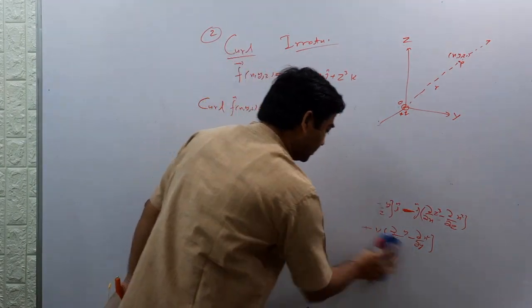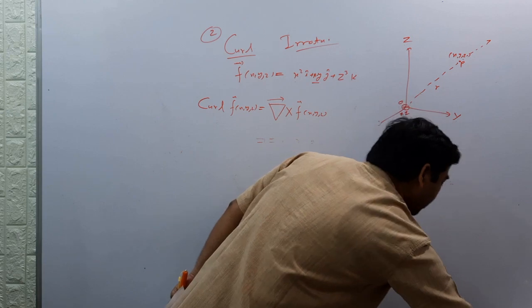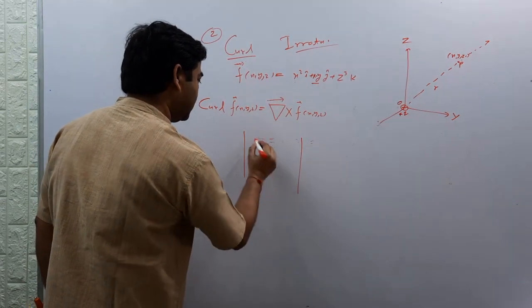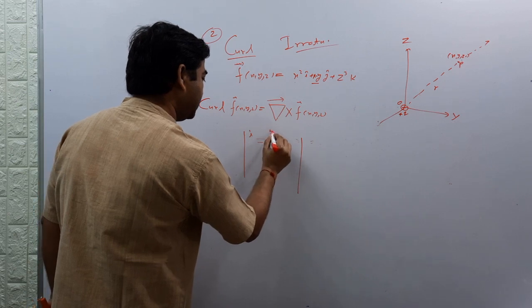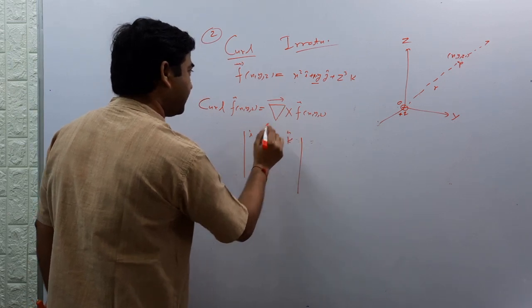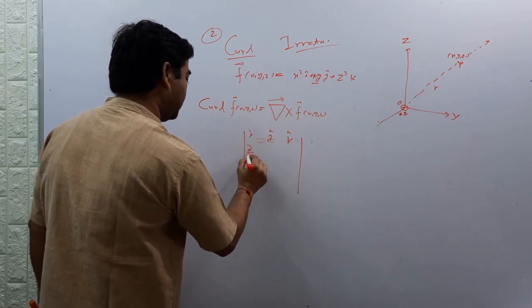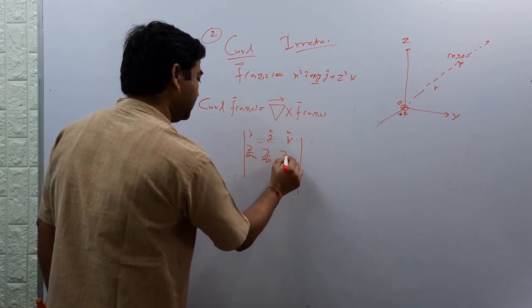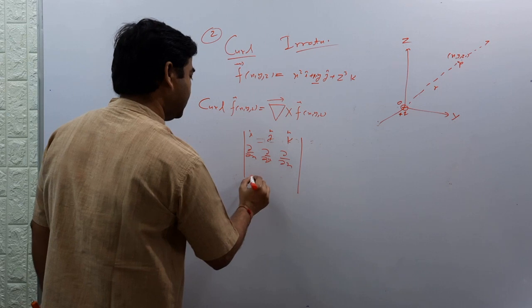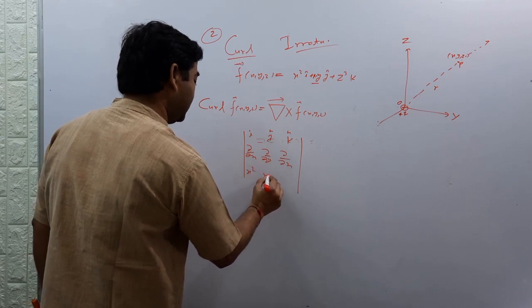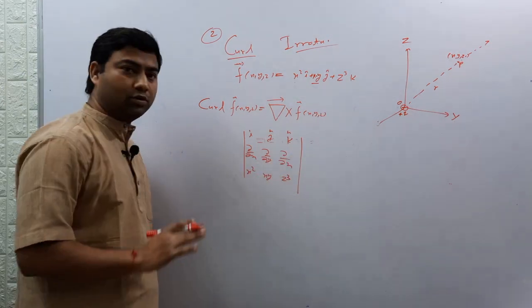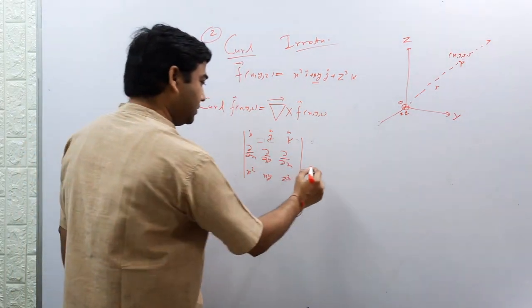So let us find the curl of this vector. Curl of this vector is the determinant with i, j, k; del x, del y, del z; x square, xy, z cube. We will not repeat all that expression again.